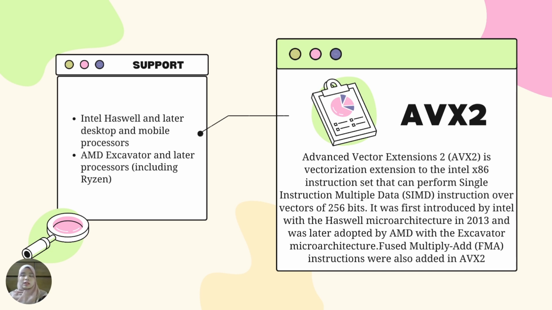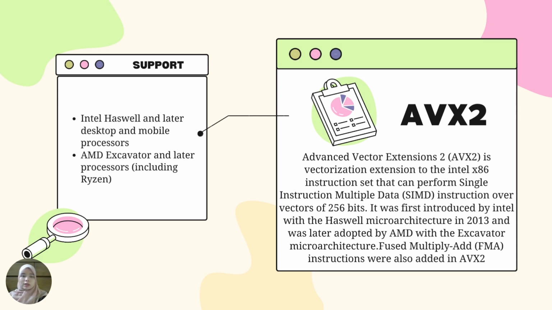AVX2 was first introduced by Intel with the Haswell microarchitecture in 2013, and was later adopted by AMD with the Excavator microarchitecture. In addition, fused multiply add or FMA instructions were also added in AVX2, which can improve the efficiency of some mathematical operations.